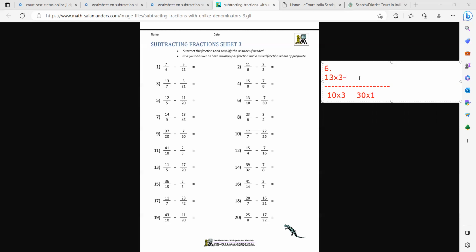So 7 into 1 will give us the correct answer, equal to 13 into 3 is 39. 39 minus 7. Then we have 30. So 39 minus 7 will be equal to 32.